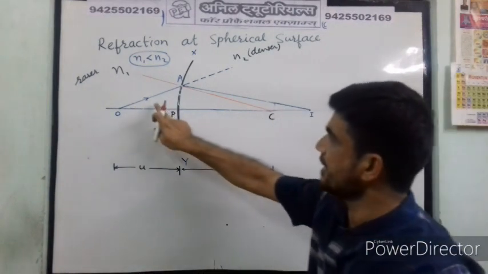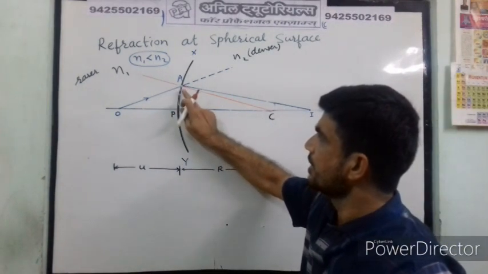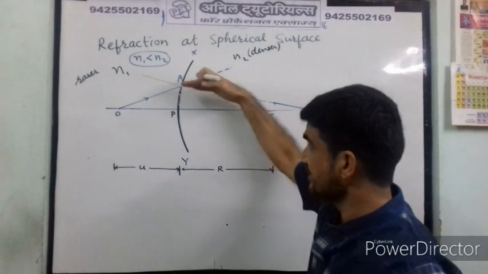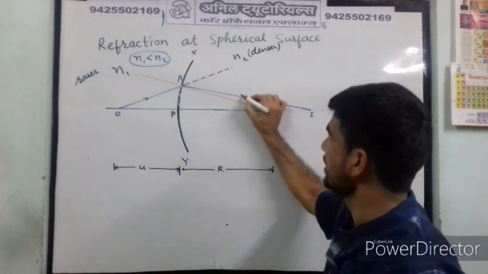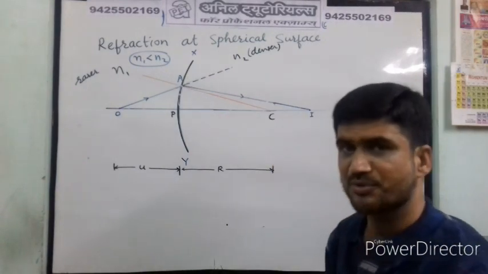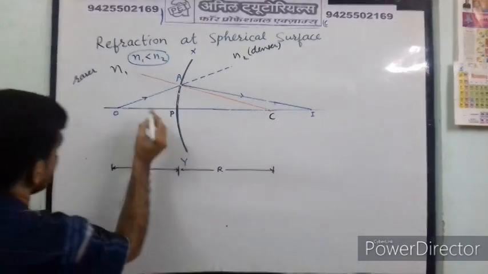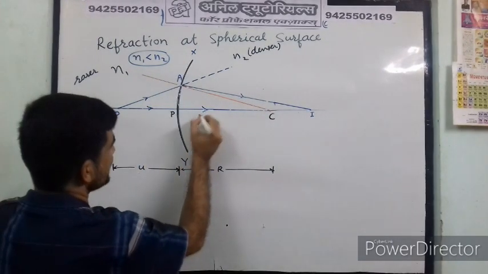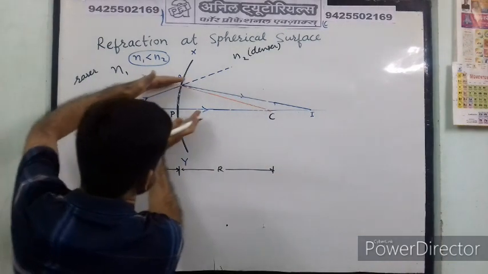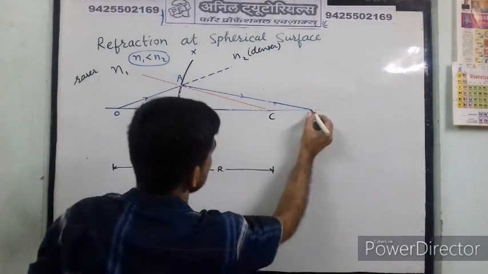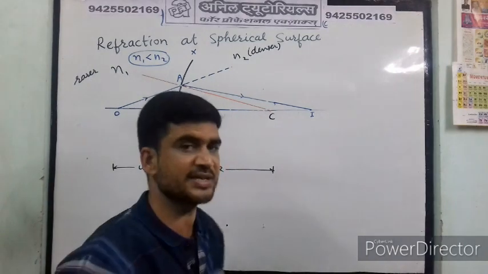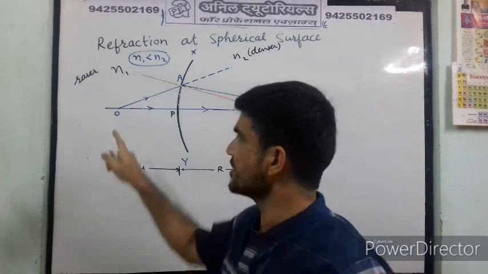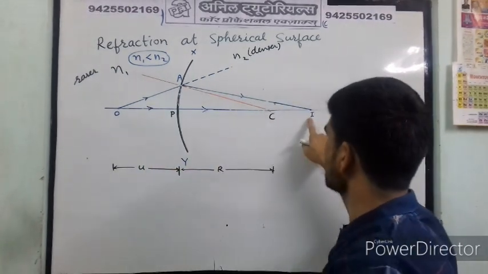The ray incident from point O at point A bends towards the normal. I am taking one more ray from point O which is incident normally on this surface, so it travels straight like this. These two rays after refraction are meeting at point I. So we can say the image of the object O is obtained at point I.